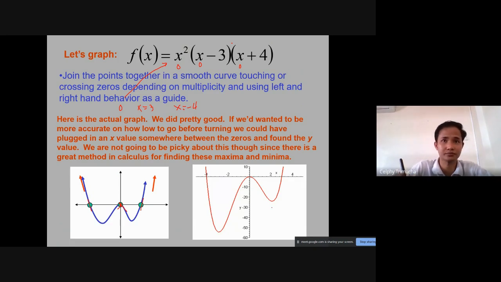So at least in our graph, we can approximate what the shape looks like. If you want the exact values, you can plug in values. But this is good enough for the graph of our function.